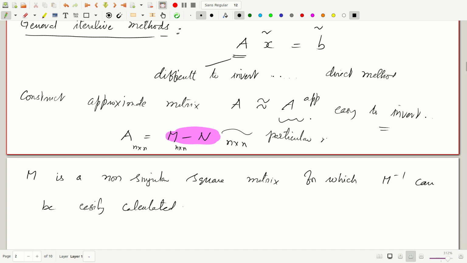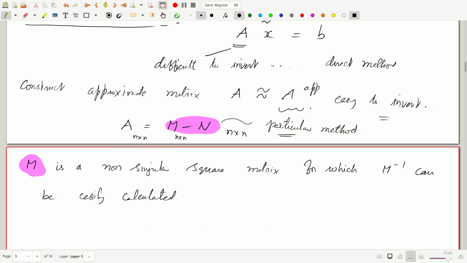As we said, Jacobi or Gauss-Seidel, etc. The particular method is dictated by how we decompose, or how easy it is to invert. So M will be different for Jacobi, M will be different for Gauss-Seidel, and so on. All right.